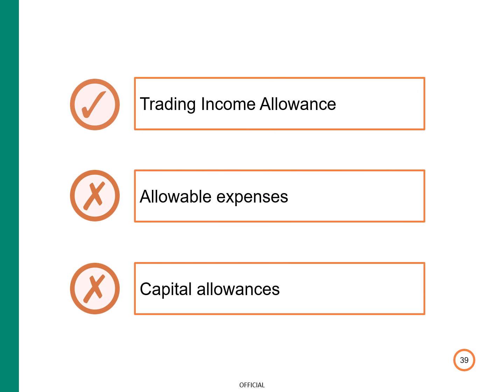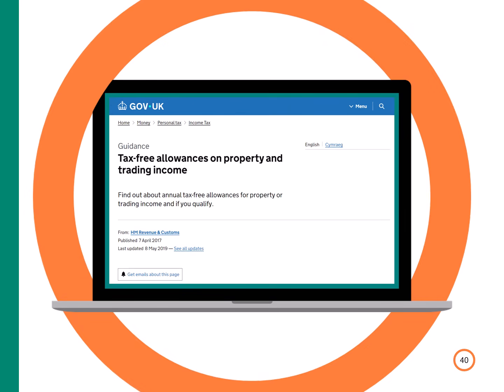When you use the allowance, you cannot include any allowable expenses or capital allowances in any business. So, if your expenses are more than £1,000, you may be better leaving the trading income allowance box blank. You can find out more about the tax-free allowances on property and trading income on gov.uk.